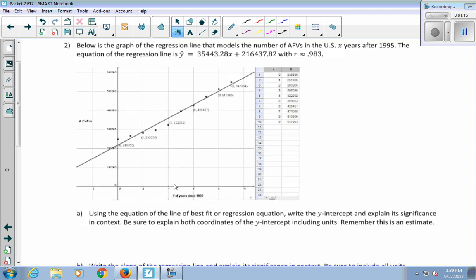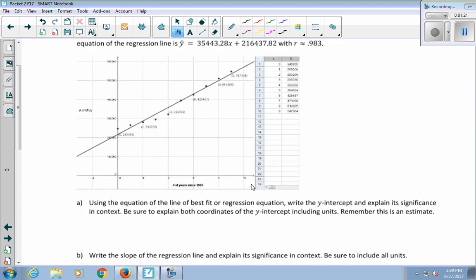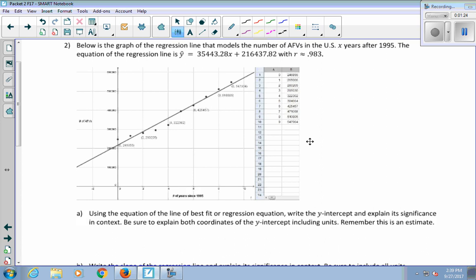So I want to use that equation to write the y-intercept and explain its significance in context. I want to explain both coordinates. So my y-intercept is 0, comma, that number. B is always your y-intercept for a line. So this is 216,437.82.